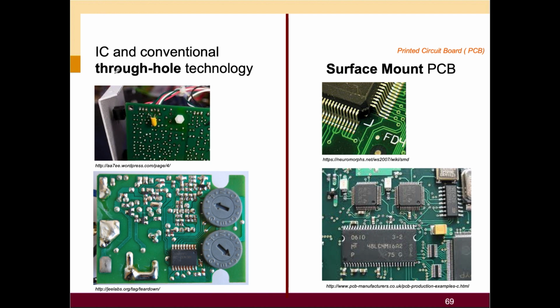Over here you have the IC in conventional through-hole technology. This is just an example of how it looks. You can see whether you are a good solderer or not, because sometimes it is very hard to solder over here, as it is quite small.